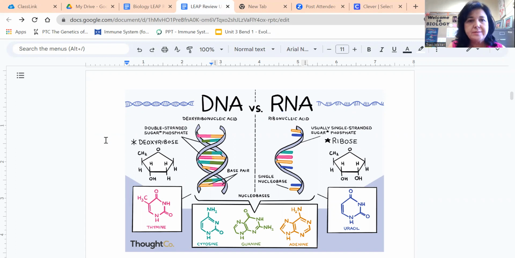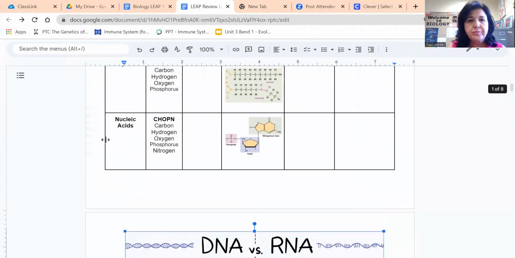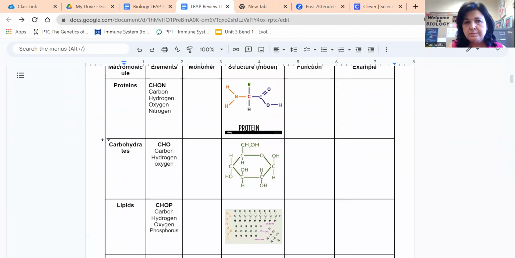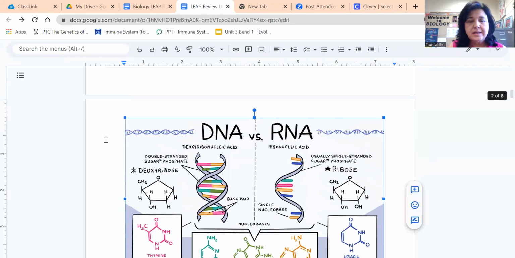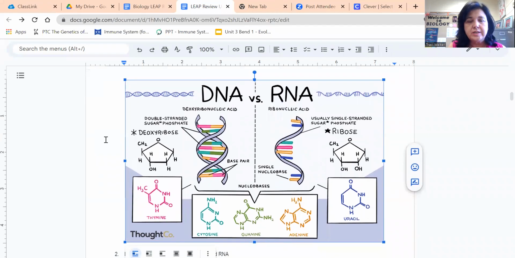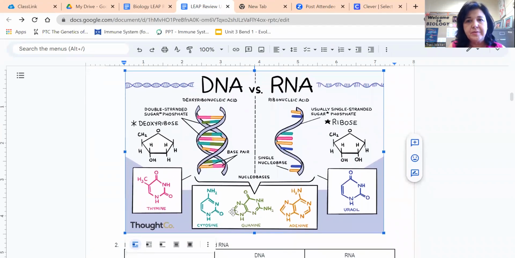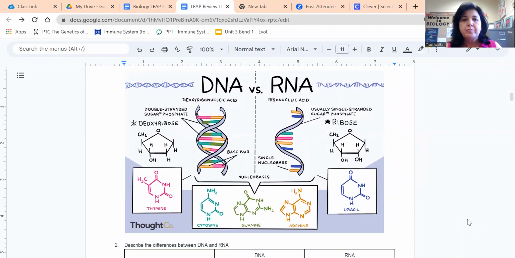Remember we talked about the four macromolecules: proteins, carbohydrates, lipids, and nucleic acids. And so we're going to go a little bit more in depth into nucleic acids, because nucleic acids are needed in order for our body to make proteins.